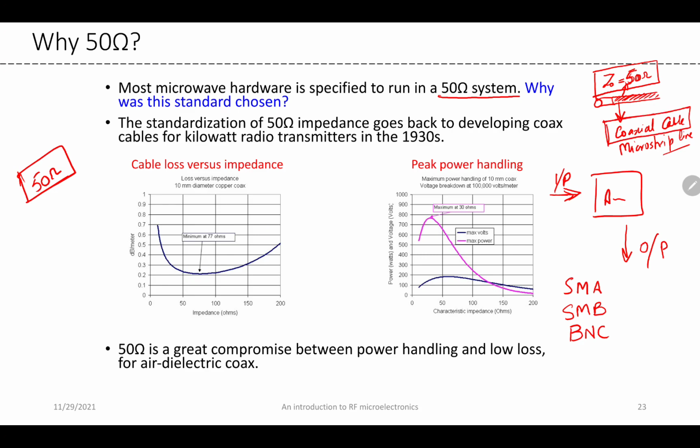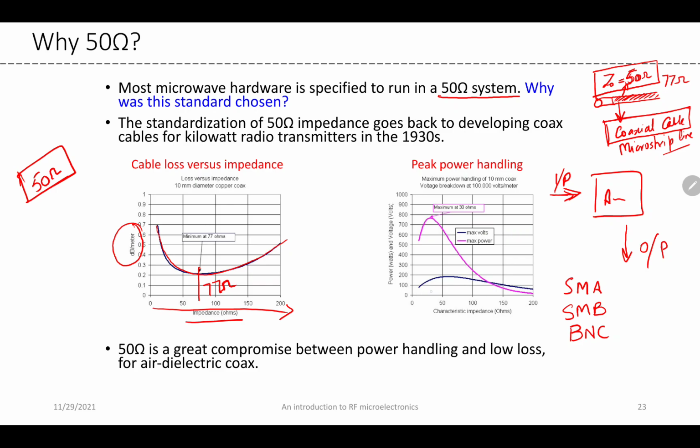Now, why was this chosen as a standard? Because it provided a sweet spot between loss and power handling. If you look at how the cable loss changes with impedance, with increasing impedance, and this is your cable loss per meter, you'll see that there's a dip, and this dip happens at 77 ohms. So if you have a cable with a characteristic impedance of 77 ohms, you have the minimum loss in a cable.